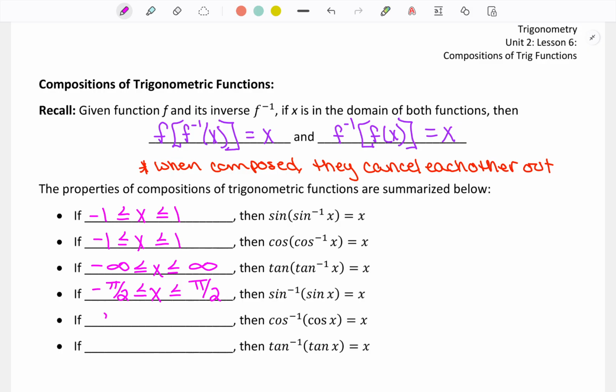If 0 is less than or equal to x, which is less than or equal to pi, then the arccosine of the cosine of x equals x. And if negative pi over 2 is less than x, which is less than pi over 2, then the arctangent of the tangent of x equals x.